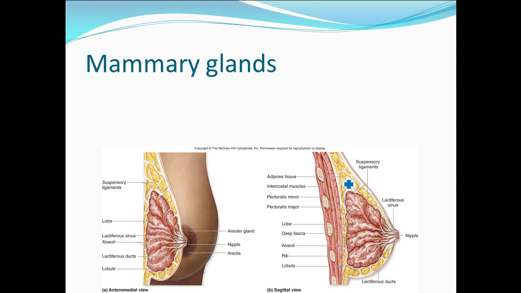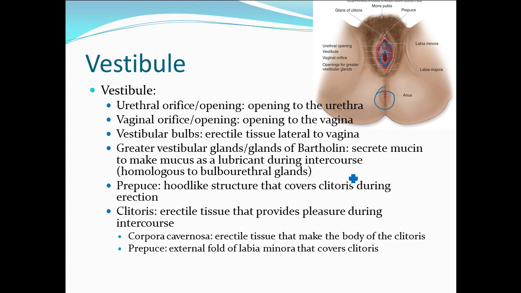So why do we need to have two different structures? Say that again? We have both the vestibular bulbs as well as the clitoris, but why do we need two? Well, first of all, they are erectile tissue for different things. One is just for sensitivity, and the other, I don't know exactly what the function of the vestibular bulbs is, but I guess it's also for sensitivity purposes too.